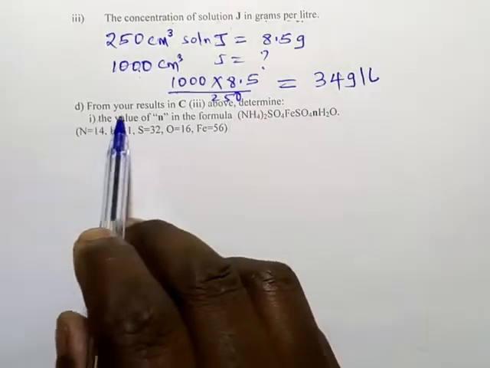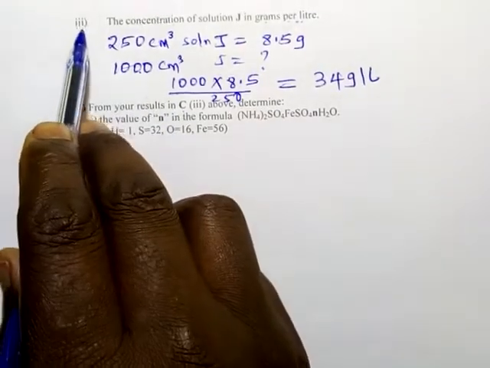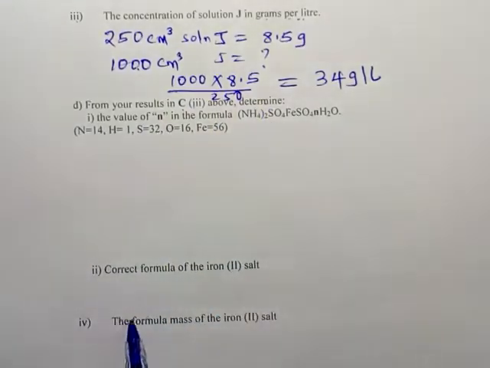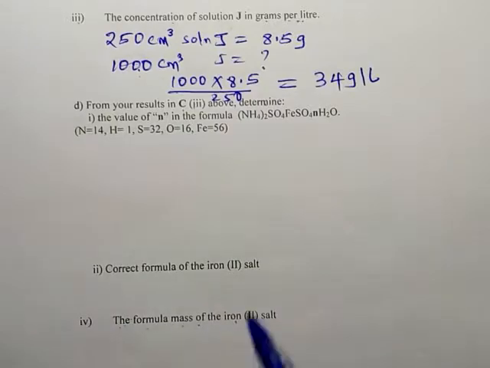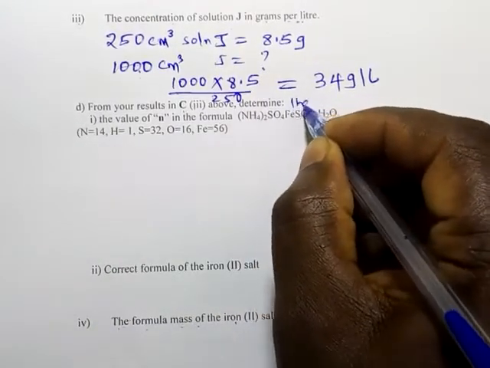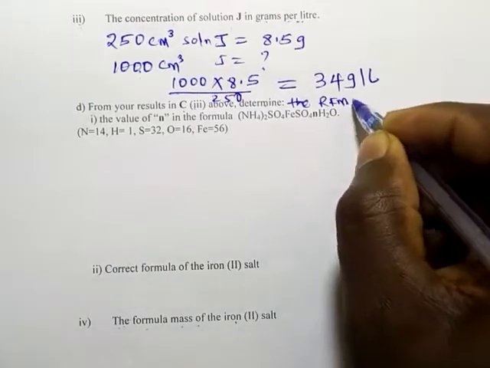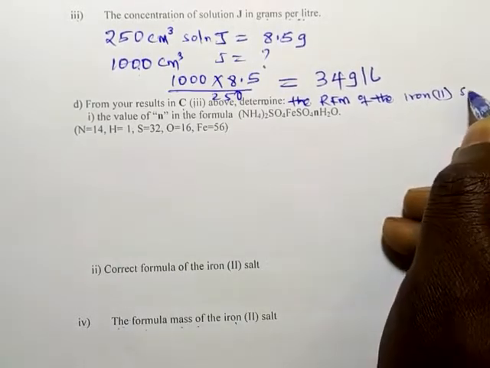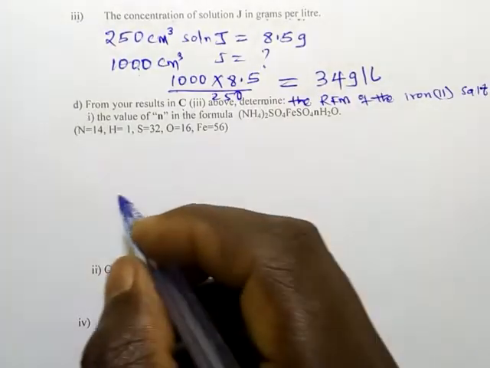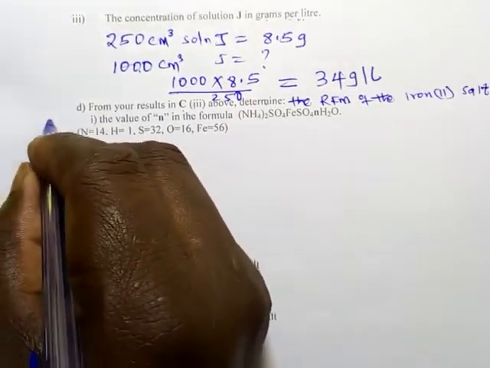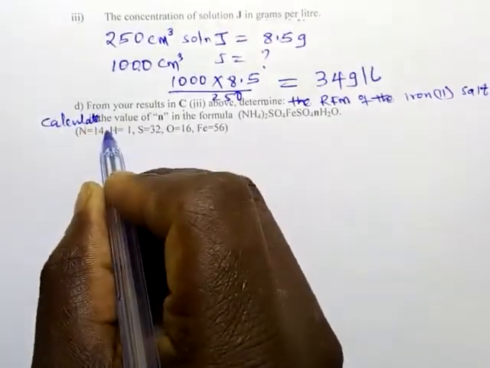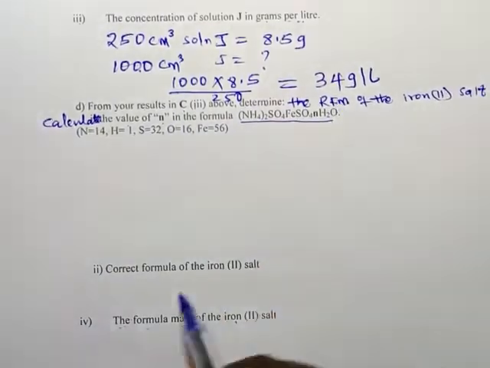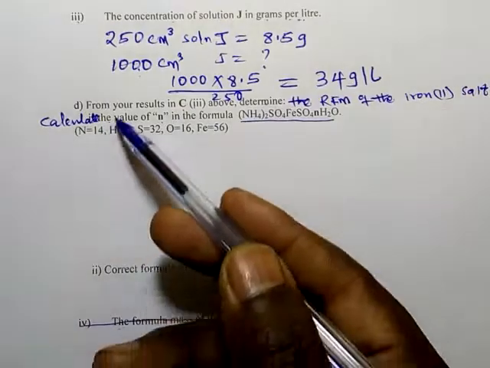Next question. From the result in 3c above, determine the RFM of the iron(II) salt, hence calculate the value of n in the formula. This question is misplaced; the formula mass, which is the RFM, was supposed to come before this one.